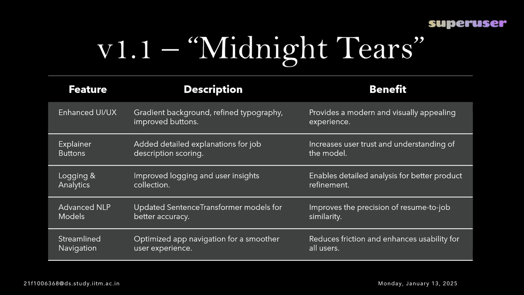I know it's not very simple, but it's very robust, and it gives you a detailed explanation of each job role, each model against one job description, against one CV. So one to many mapping has been done.